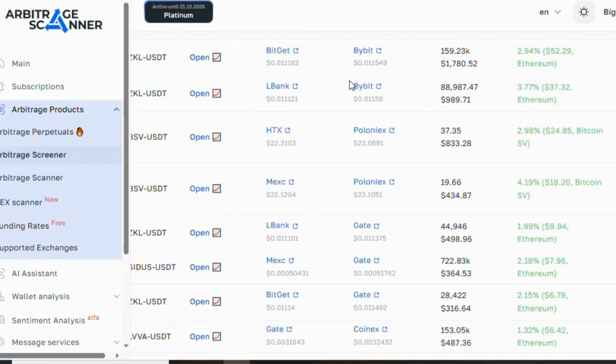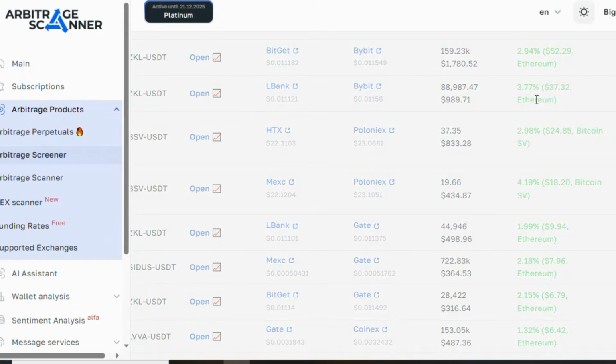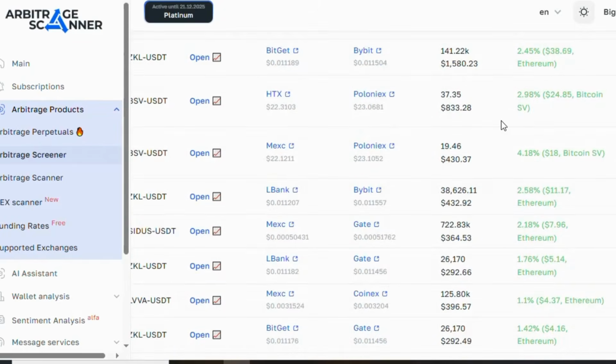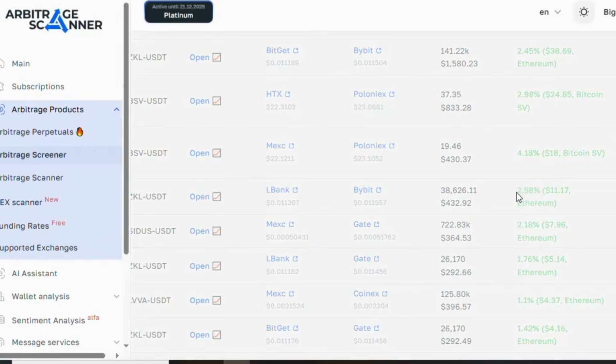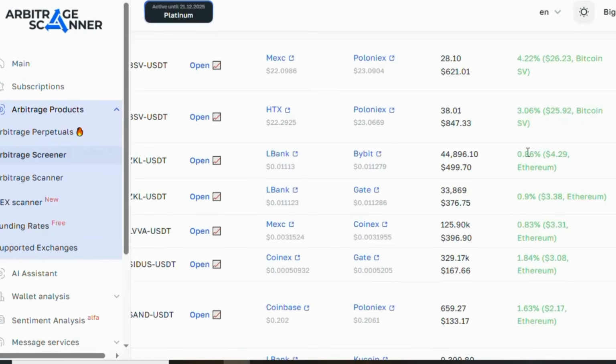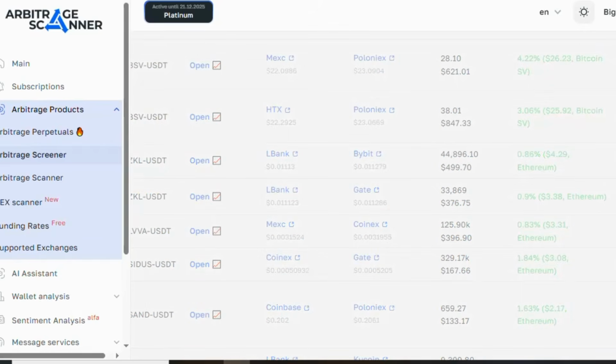This shows that with my $100, I'm trying to still spot ZKL and Bybit. Here with my $100, this is how much I could be making as a profit percentage. So it's actually going to be changing fast. And then let's look at the fees attached to it.